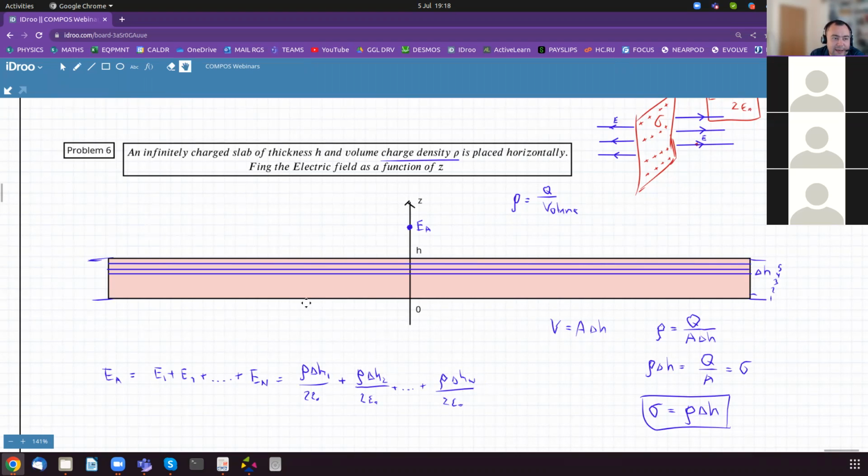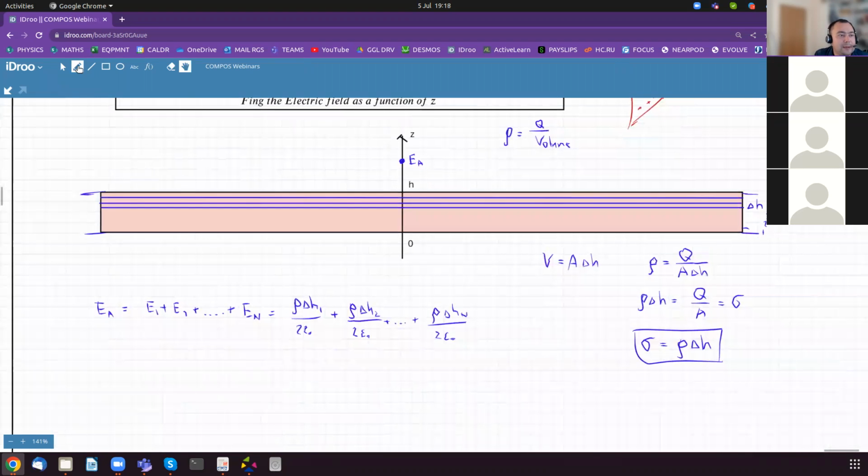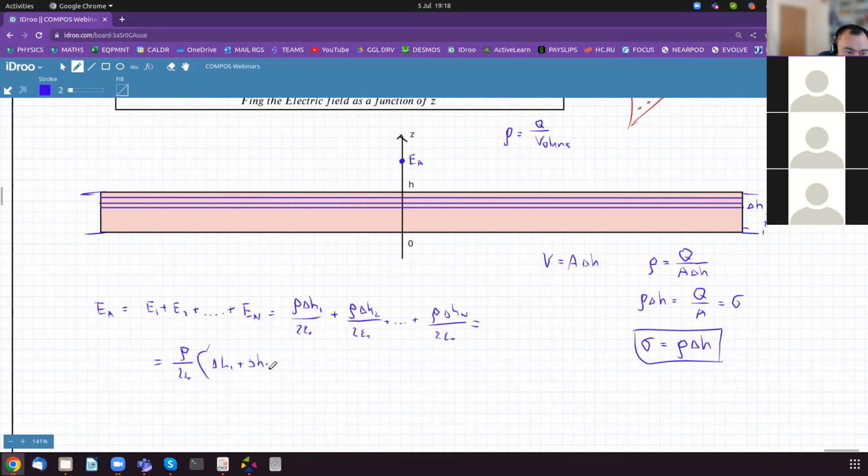So as a matter of fact, we can take rho over 2 epsilon naught out, and we have delta H1 plus delta H2 plus delta H3 plus etc. plus delta Hn.